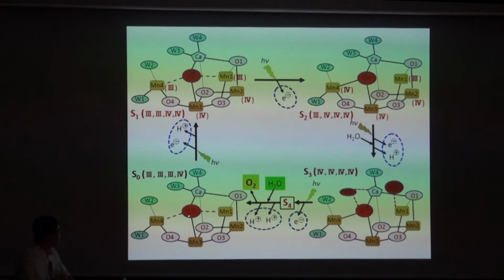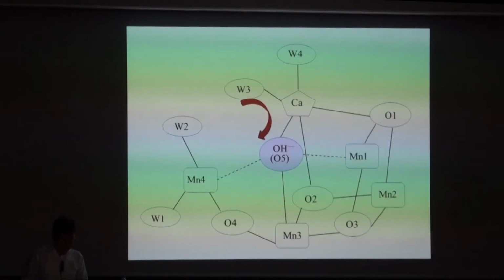Then in the final step, the O5 position becomes empty and a new water molecule comes in to occupy the O5. And this completes the whole reaction cycle. So the essence of this reaction mechanism is that W3 moves toward or attacks O5 to form an O-O bond.